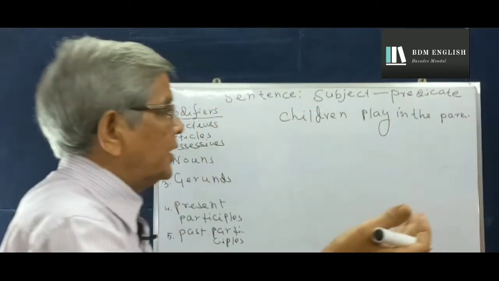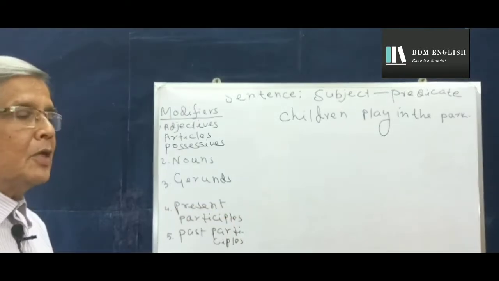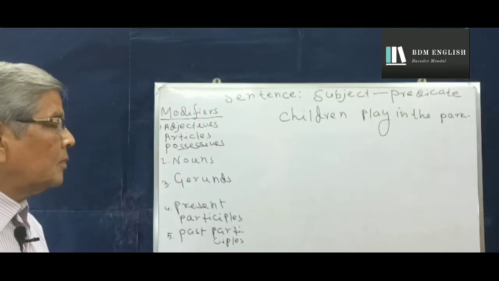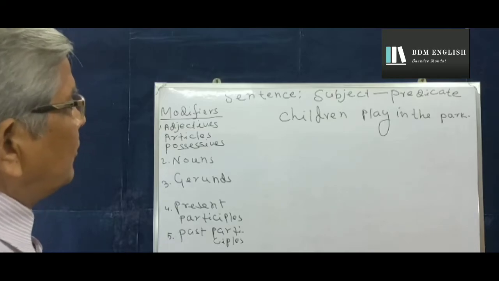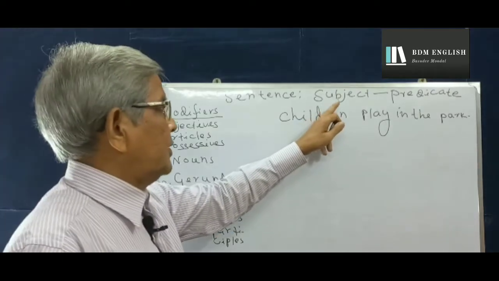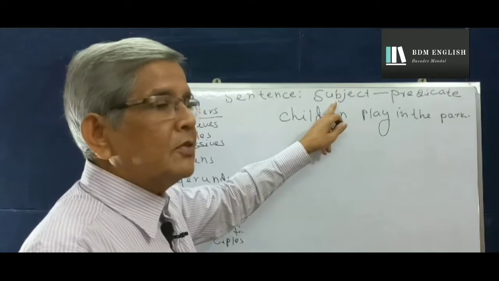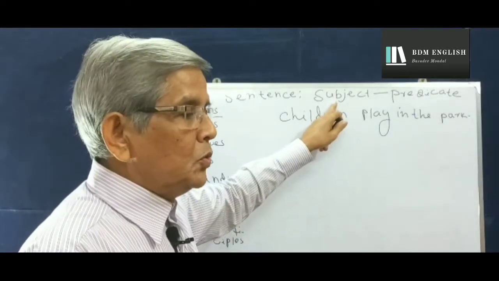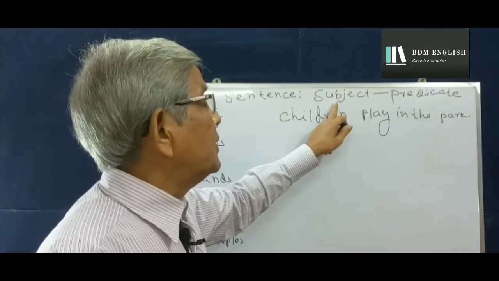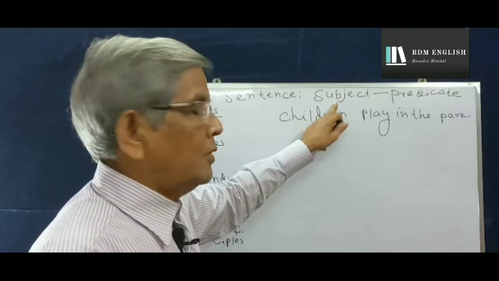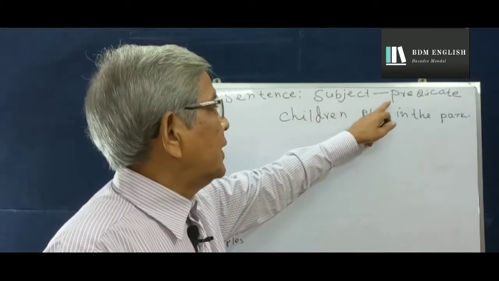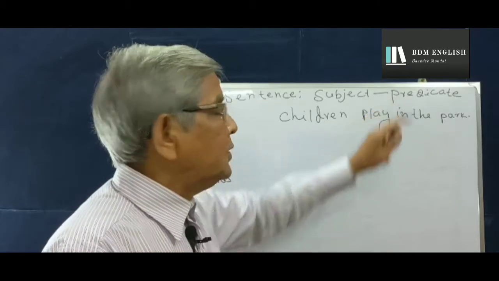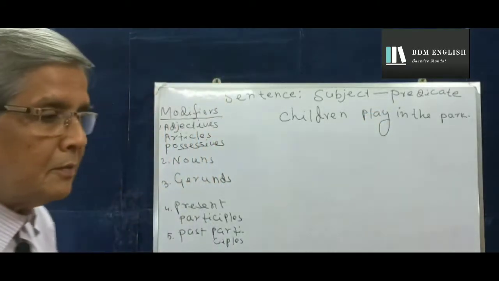We can further extend the predicate: in the afternoon, etc. Now, the two divisions of the sentence are, first, the subject that we choose before proceeding to complete the sentence, the subject about whom or what we say something, and then the predicate, that is the part in which we say something about the subject.